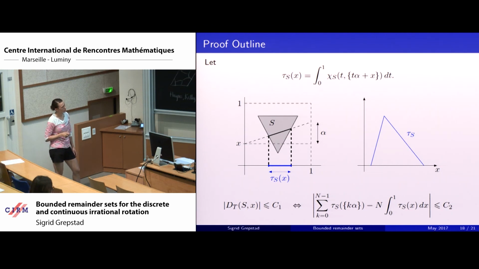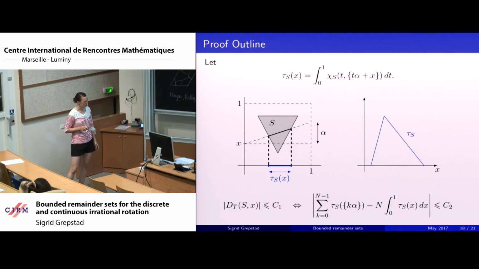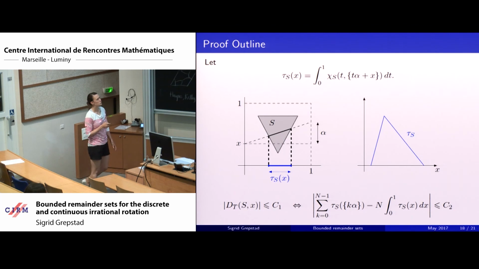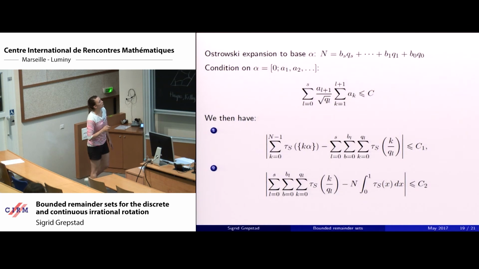Showing that this discrepancy with respect to the continuous t is bounded is necessarily equivalent to showing that this is bounded. So this is the same as saying that this tau of S is a bounded remainder function for the discrete irrational rotation in one dimension by alpha. And this is what we then show basically in the following very, very shortly sketched way.